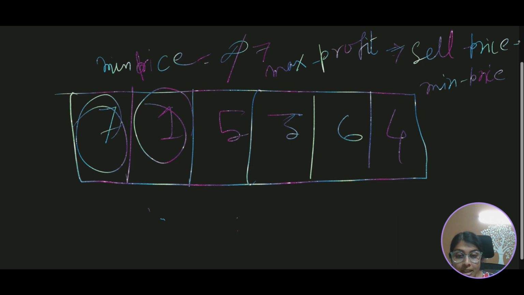If that is the case, then what's the profit there? Let's say at the second element, 7 will get replaced by 1. Then at the third element, 5 cannot replace 1 because 5 is greater than 1.